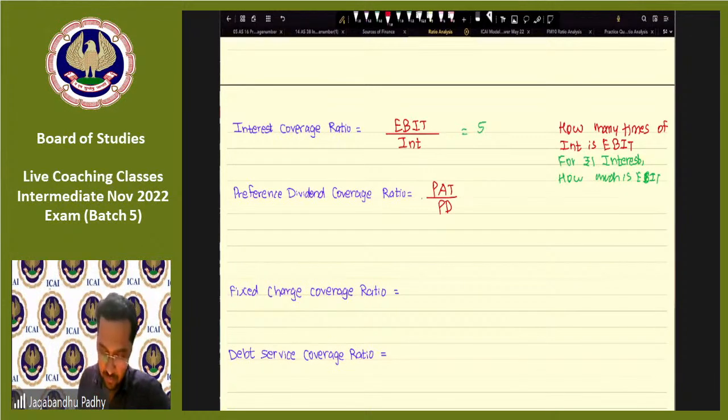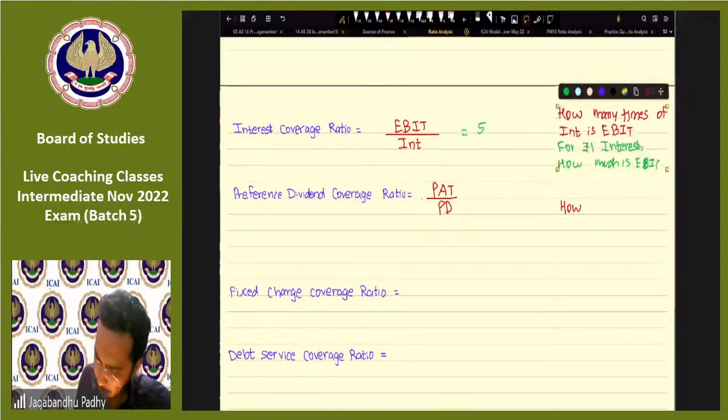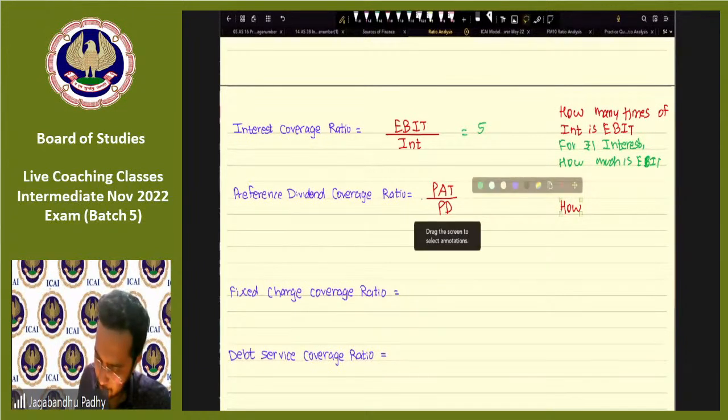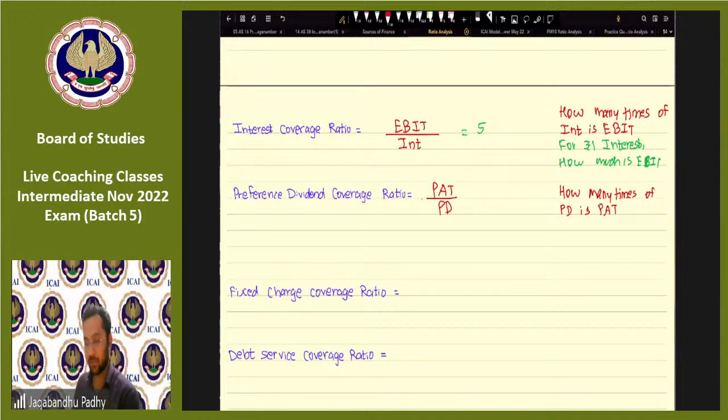So this preference dividend coverage ratio tells us how many times of preference dividend is profit after tax.